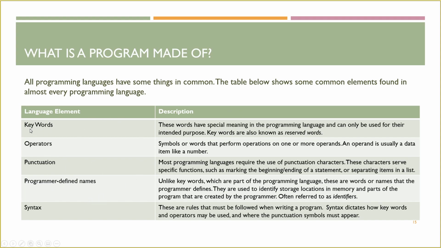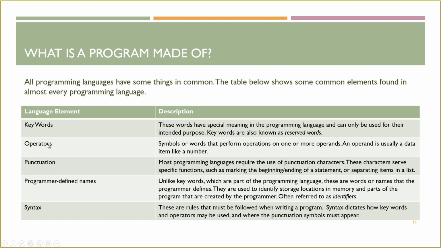So the first one is keywords. A keyword in a programming language is just a word that is reserved for something special. So if I were to use a keyword in my program in the wrong place, it wouldn't work because the keyword means something special. We also call these reserved words because we can't use them anywhere but where they're supposed to be, if that makes sense.